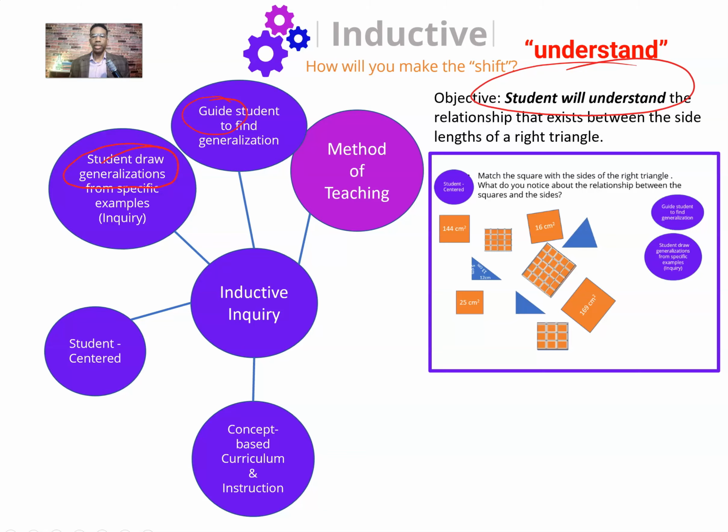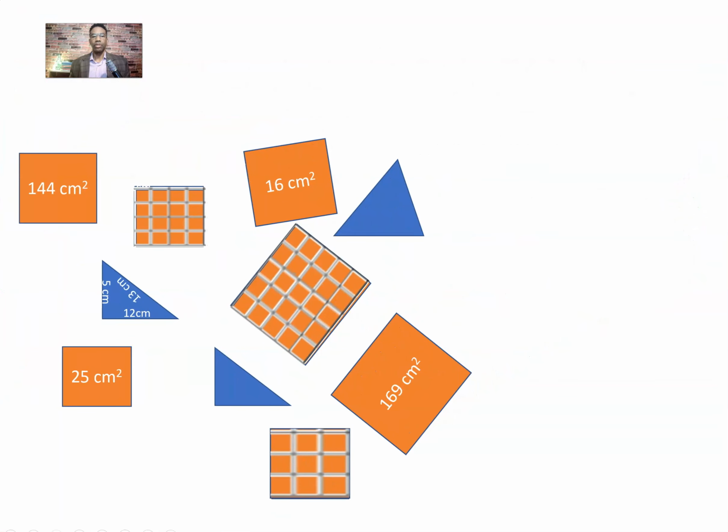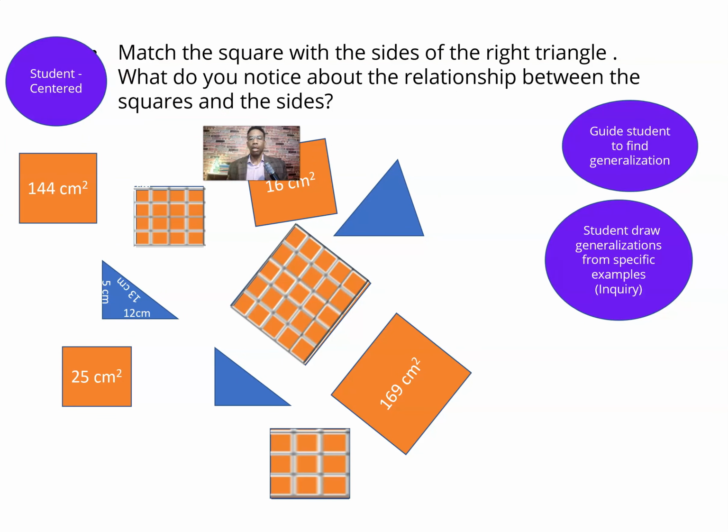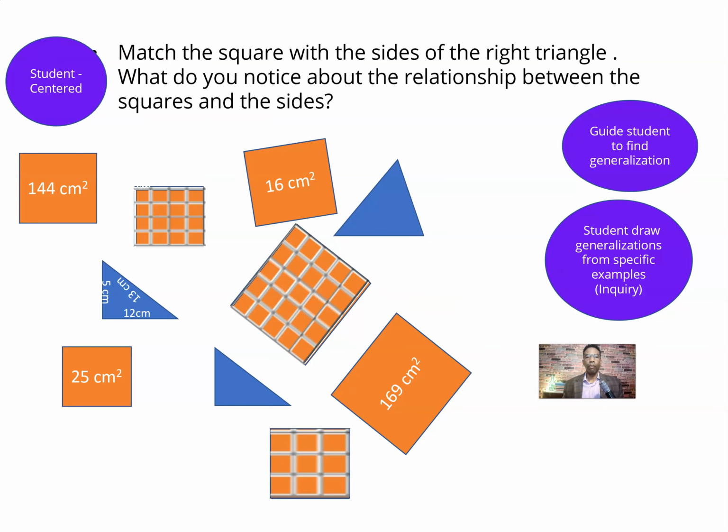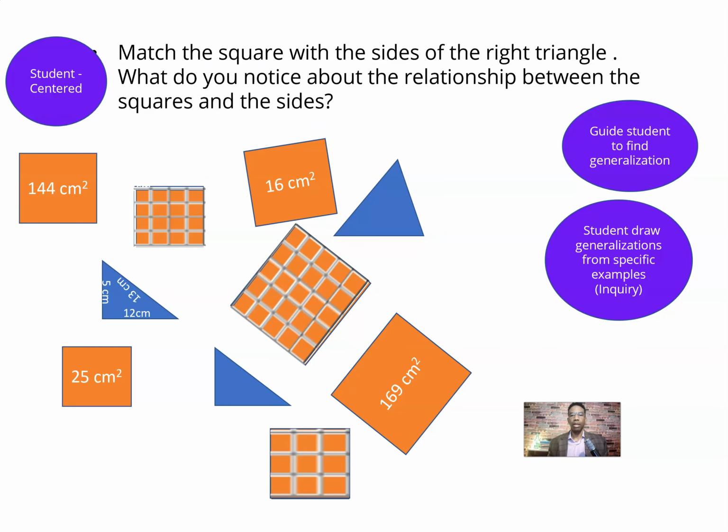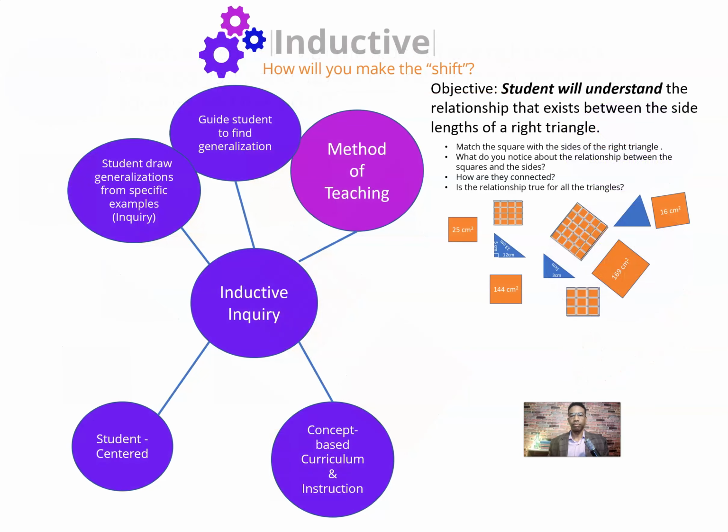So one example could be a student-centered activity where they have to match the squares with the sides of a right triangle. And we begin to give them inquiry questions: notice anything about the relationship, and so on and so forth. Again, we're guiding the students to the generalization.